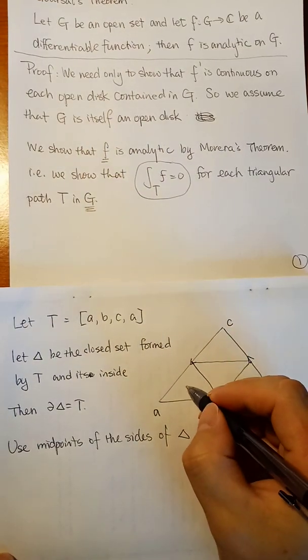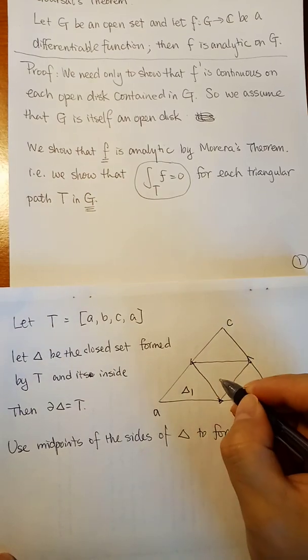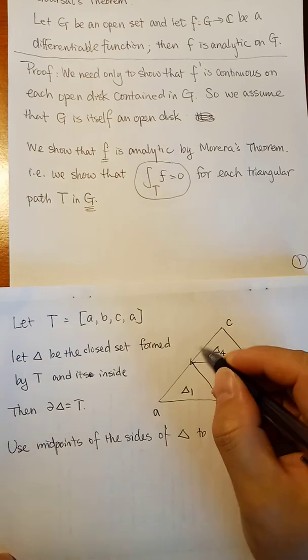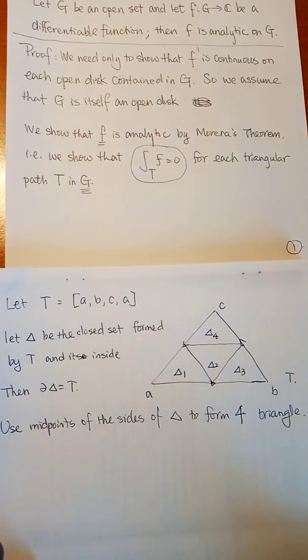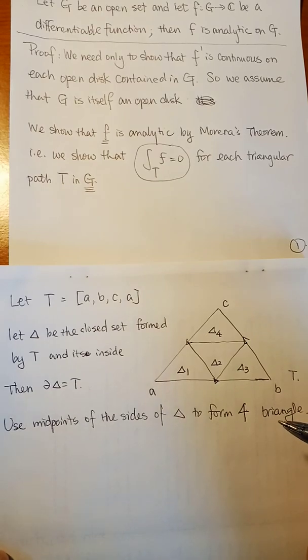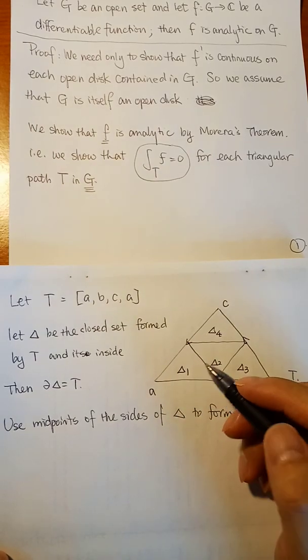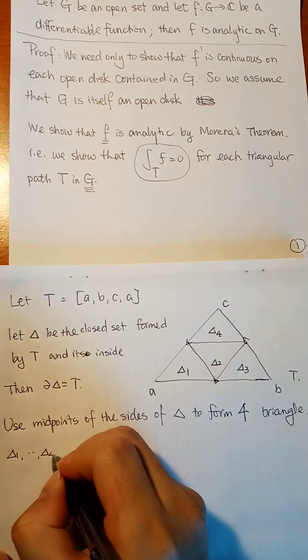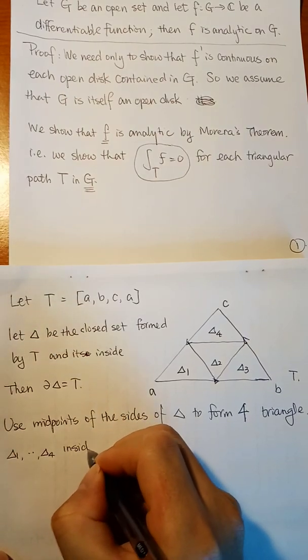Let's just name them: delta 1, delta 2, delta 3, delta 4. This order is not the problem. So we have 4 triangle regions inside delta.